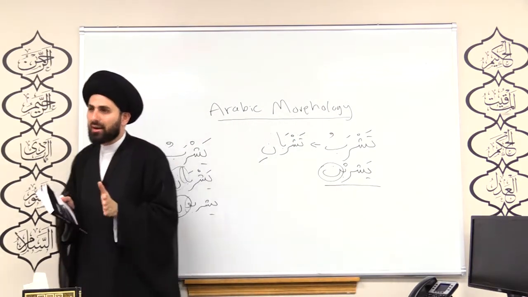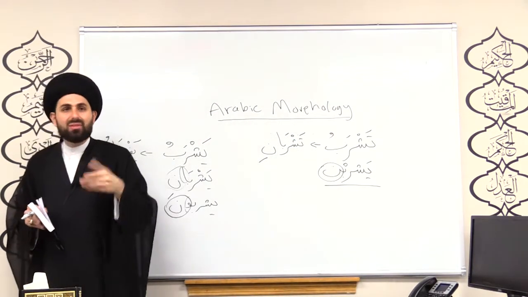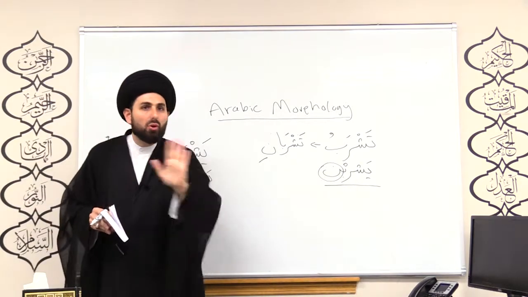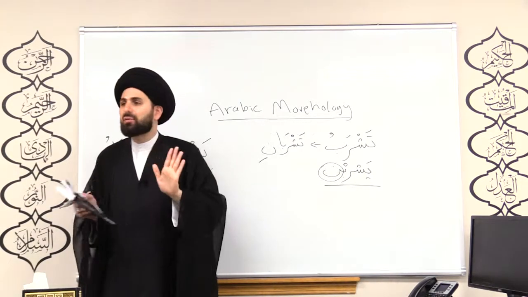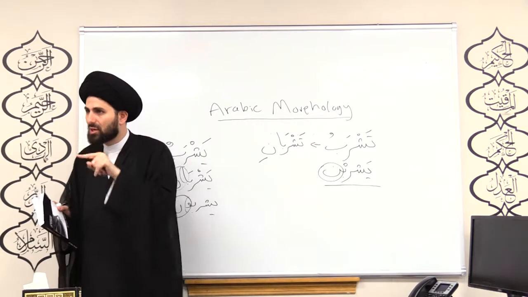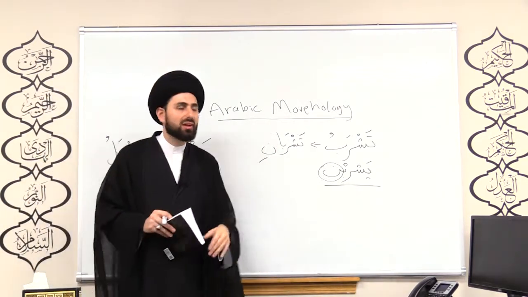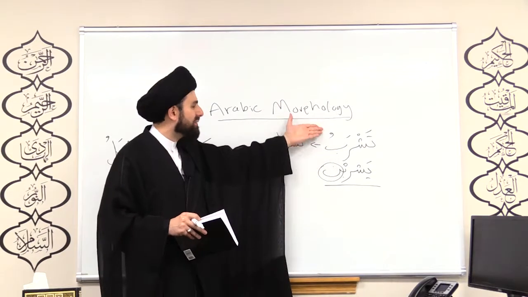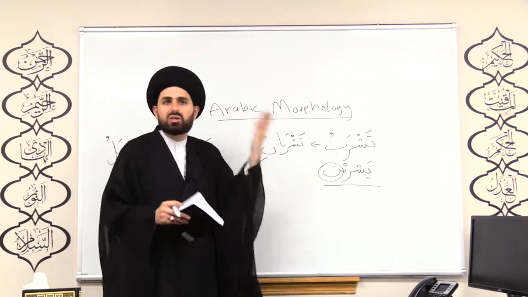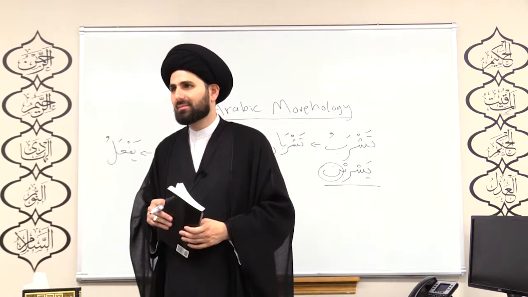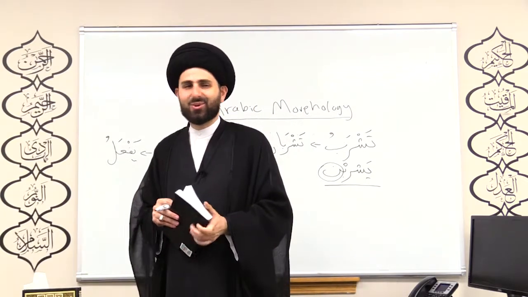With fi'l al-mudara', when it starts with a ta, that is not a pronoun. That's never a pronoun in fi'l al-mudara' when it starts with the ta. That ta is just a sign of femininity. So if you need to have a pronoun here, tashrabu, it's assumed. It's مستتر. تشرب هي. Is that clear? Confusing? Okay.